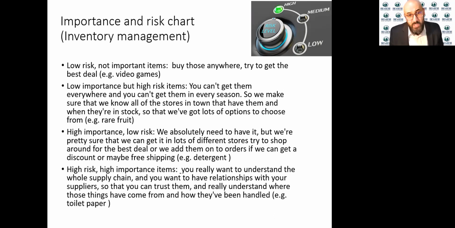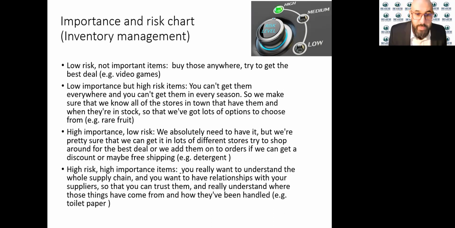An example of this would be a rare fruit that is only available at Christmas, and not all grocery stores might bring it. So you have to use this strategy for low importance but high risk items.